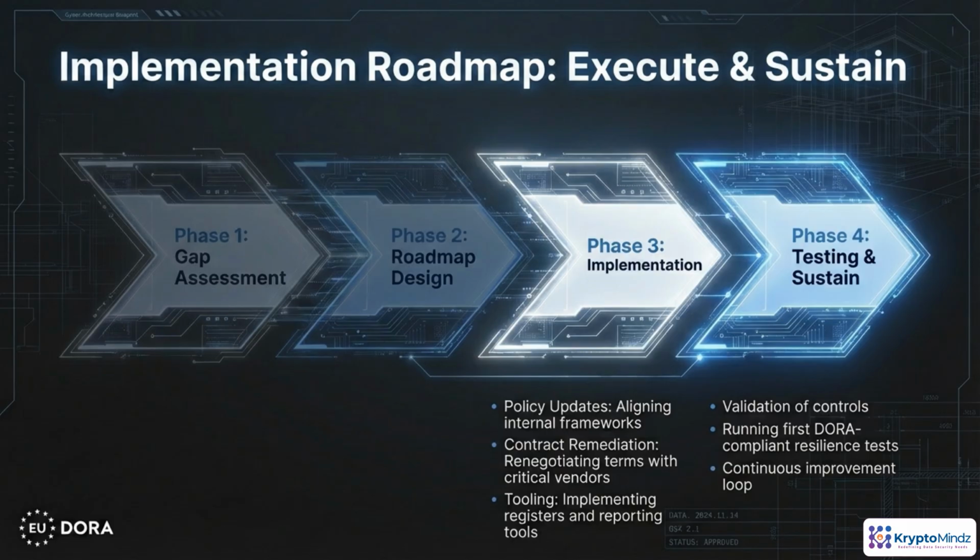Second, contracts, remediating high-risk vendor agreements, adding audit rights, incident notification, resilience, and exit clauses. Third, tooling and data, setting up risk and incident registers, reporting dashboards, and evidence repositories. From there, you move into validation and testing. Then use findings to drive a continuous improvement loop instead of a one-off project.